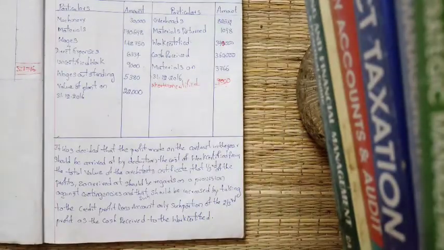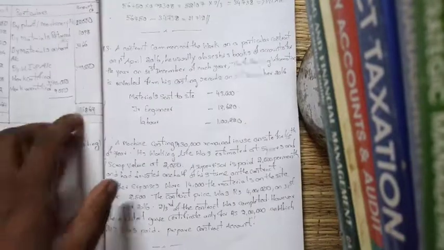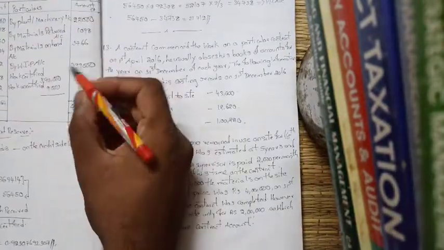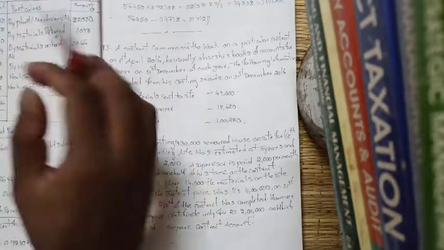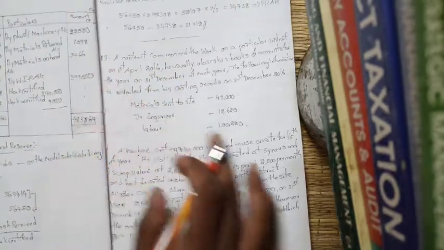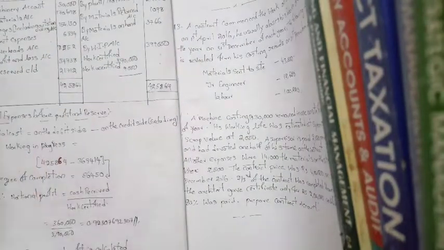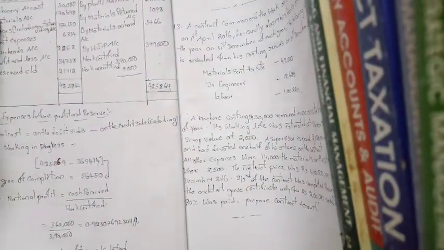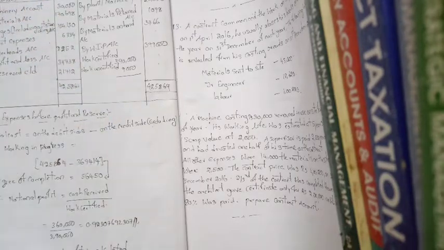So that is the work certified. We see here total 3,90,000 work certified, that is 3,99,000 total work certified. Clear? So before we calculate profit and loss and reserve, we need total expenses before profit and reserve.